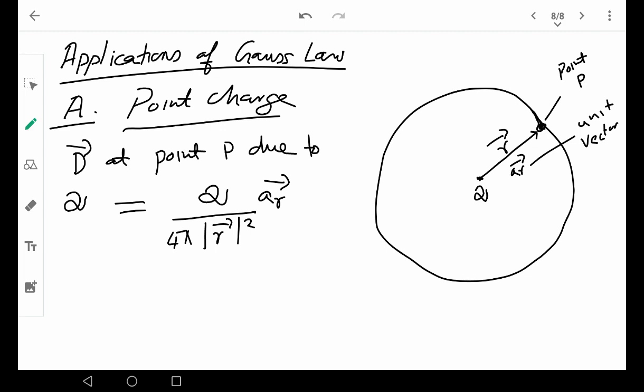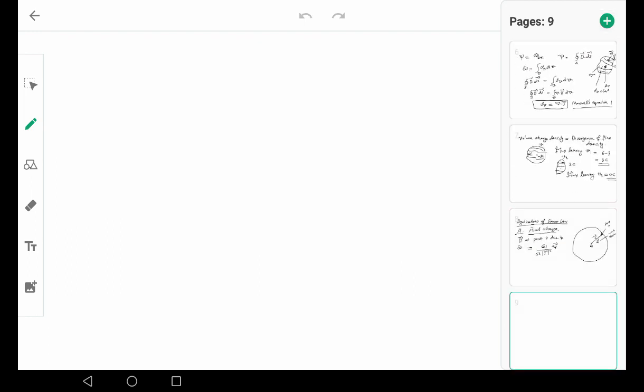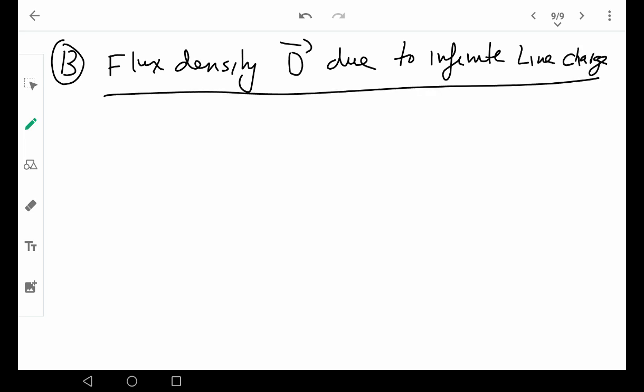Now, similarly, if you take an infinite line charge, the second case is flux density D due to an infinite line charge. For example, I will draw a diagram like this.